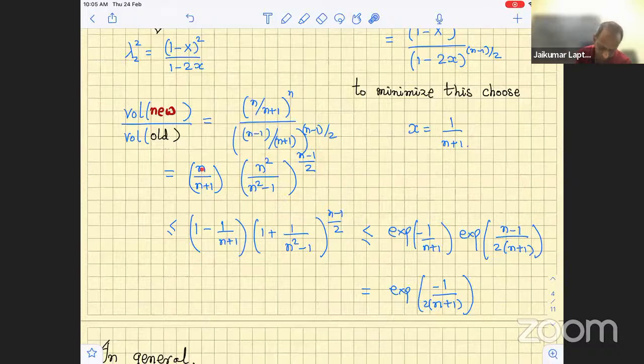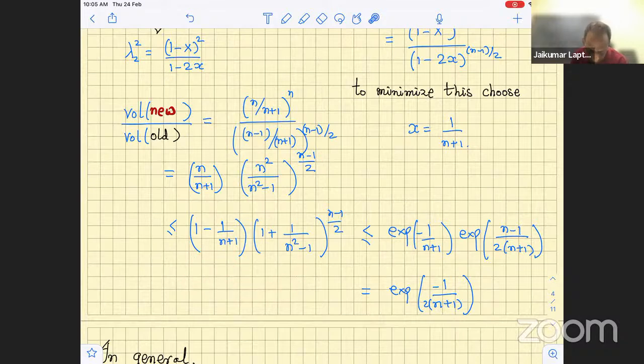Now n over n plus 1, I can write as 1 minus 1 over n plus 1, which looks like a waste because that's what I started with. But n squared over n squared minus 1, you redo this and you have this. Now, 1 plus z is less than e to the z for both positive and negative z.